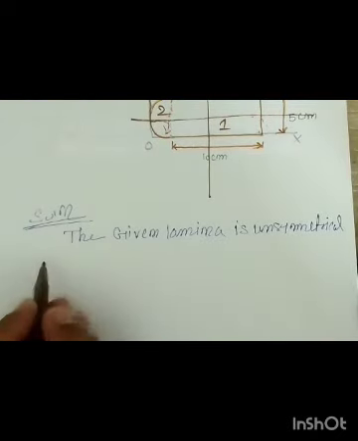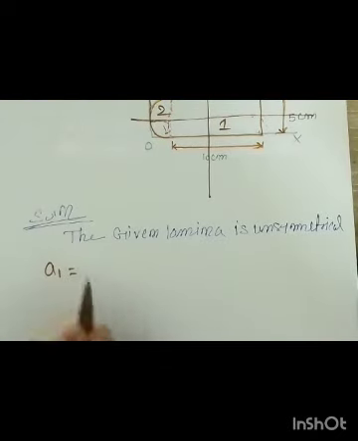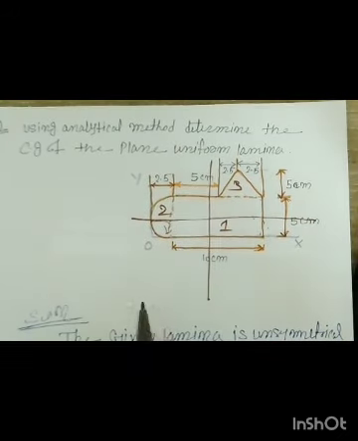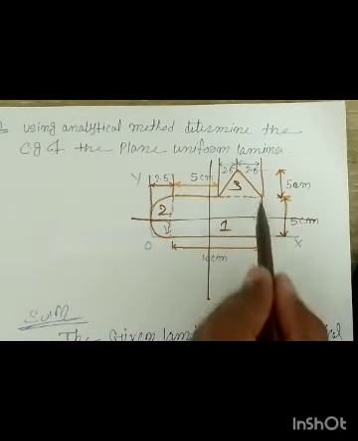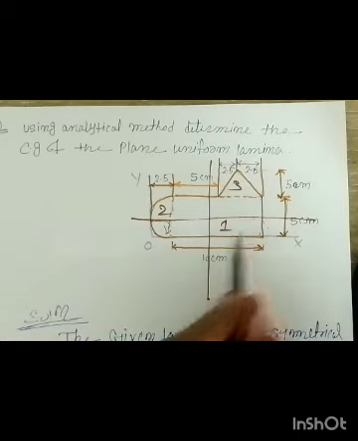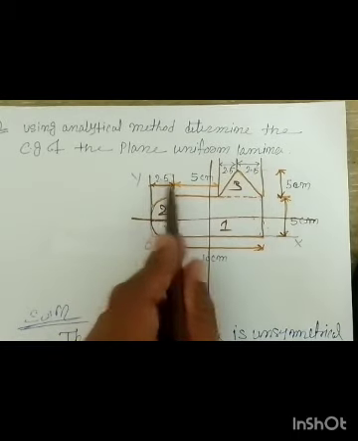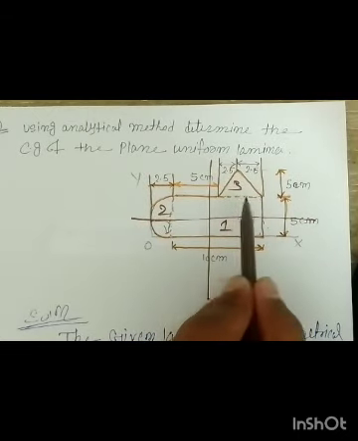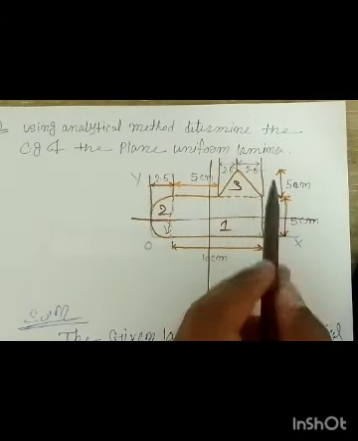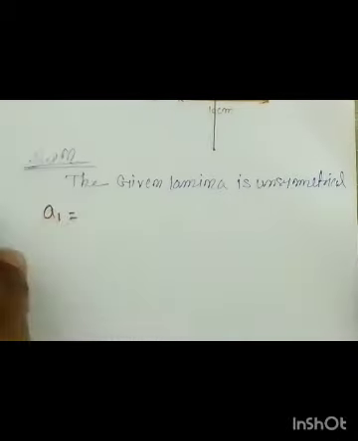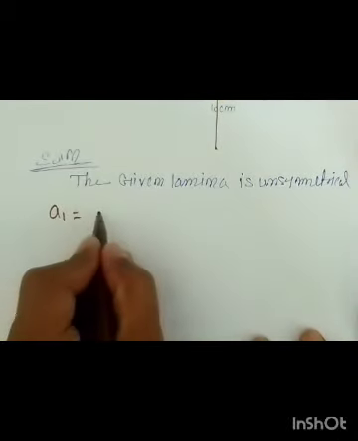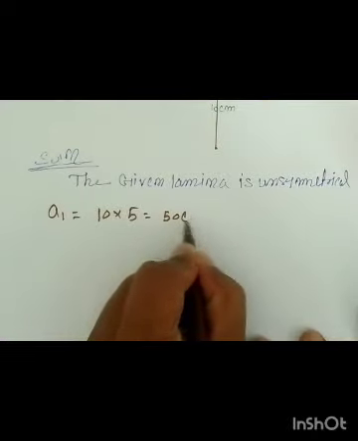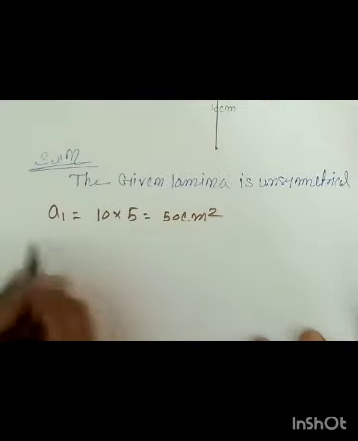So first, A1 is equal to what? See this, for the rectangle the length is 10 and the width is 5, so 10 into 5. For the semicircle, the radius is 2.5. All these dimensions are in centimeters. For the triangle, the base is 2.5 plus 2.5 and the height is 5. So now simply A1 is equal to 10 into 5, which is 50 centimeter square, right?